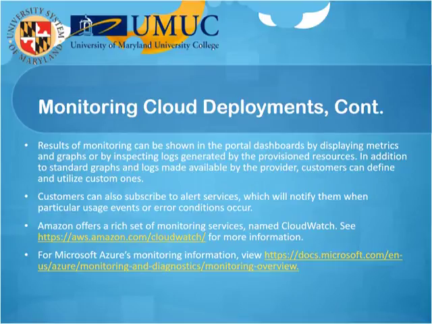In addition to standard graphs and logs made available by the provider, customers can define and utilize custom ones. Customers can also subscribe to alert services which will notify them when particular usage events or error conditions occur. Amazon offers a rich set of monitoring services named CloudWatch in AWS. See this link for more information. For Azure monitoring information, see the other link enclosed.